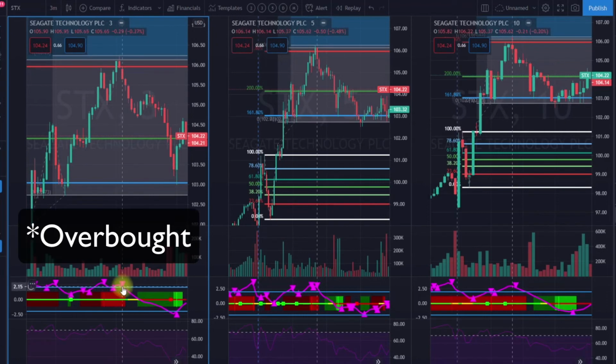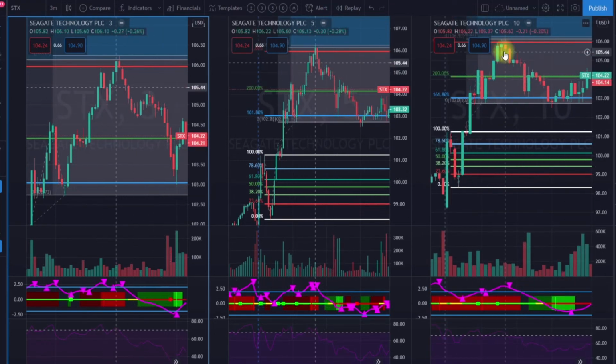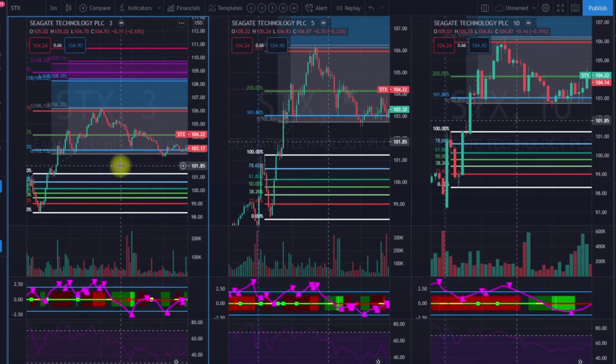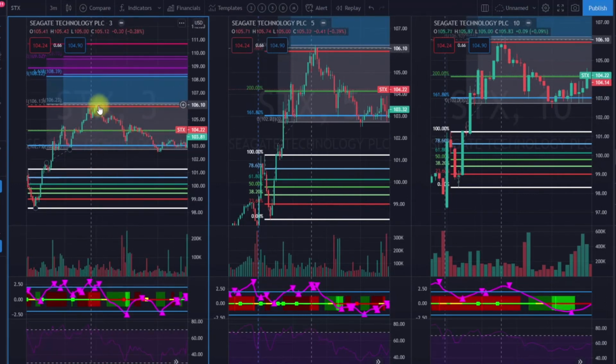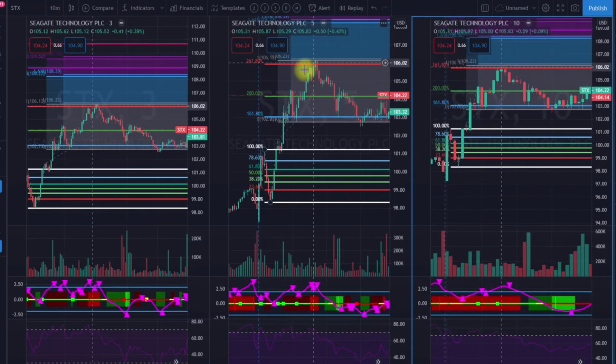We are oversold here and it starts to work in our favor. So at this point, it should make a lower high right here with the 5 minute going in our favor, and it does. And then the 10 minute going in our favor, which takes us all the way down to this support level. So this was a picture perfect trade here with the 3 minute, the 5 minute, and the 10 minute, all working out in our favor.